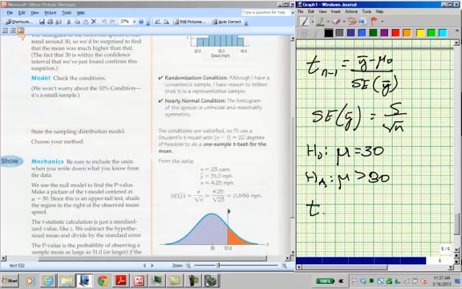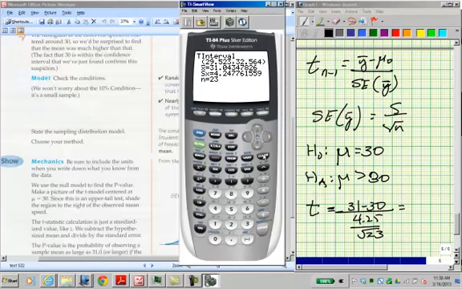T sub 22. Oh, so the t-score equals, we're just going to calculate the t-score, okay, is going to equal 31 minus 30 divided by 4.25 divided by the square root of 23, which is going to equal, let's see, 1 divided by, let's do 4.25 divided by the square root of 23, close parenthesis, close parenthesis.